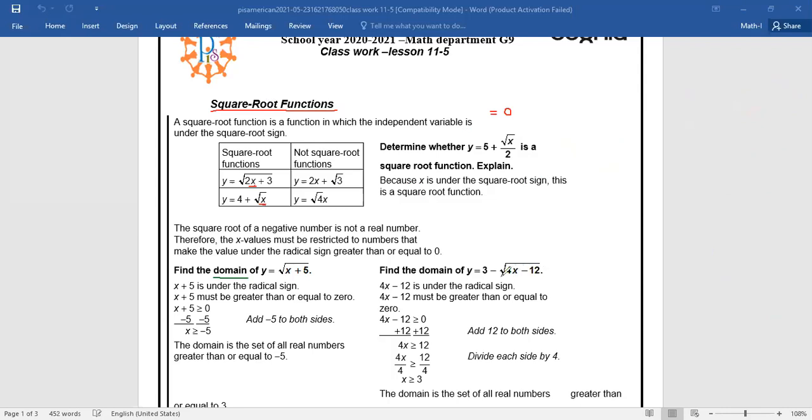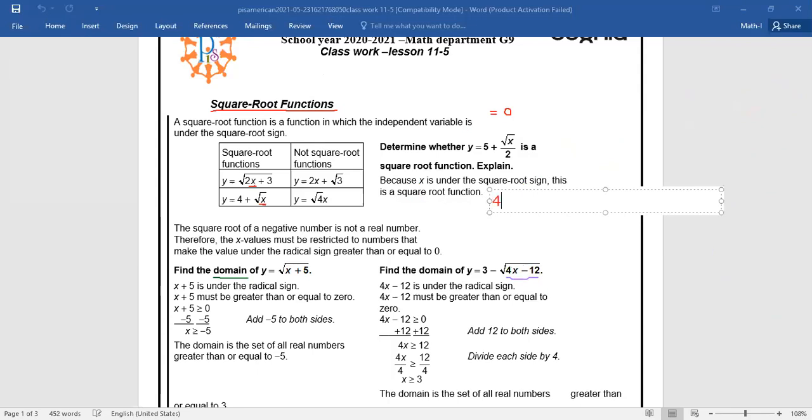In this question, we are looking for the domain. How will we find the domain now? Who will help me to find the answer? What do we have to do to find the domain? We have to satisfy an inequality.